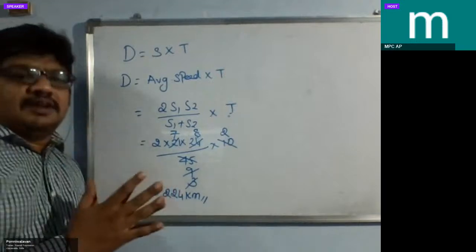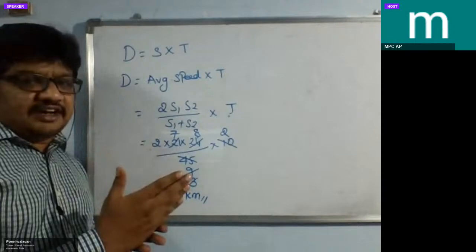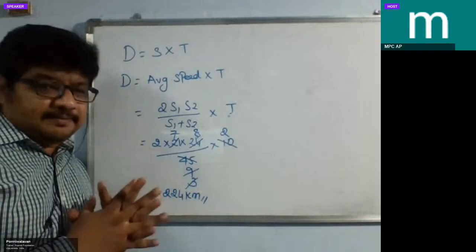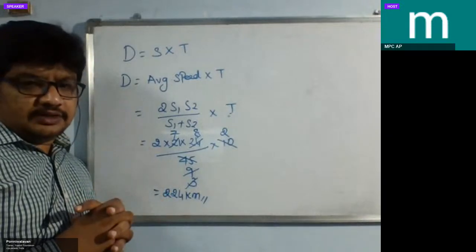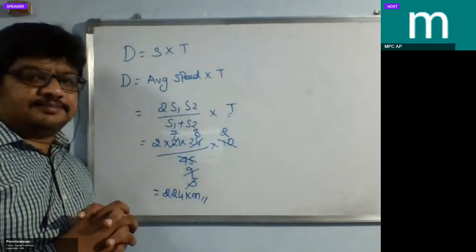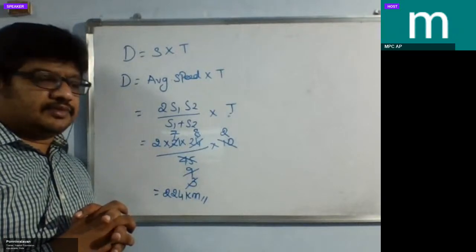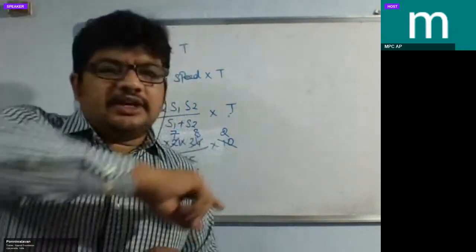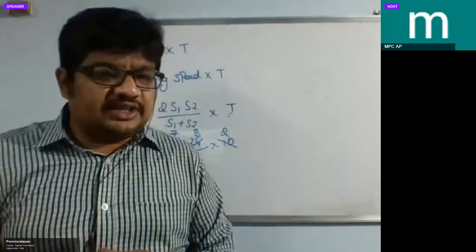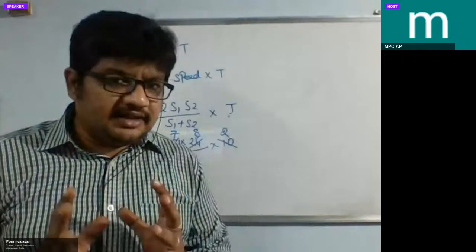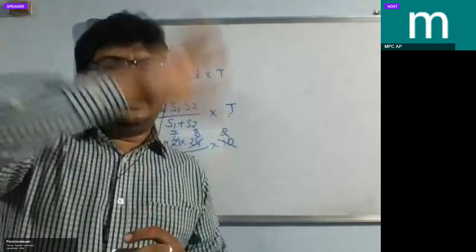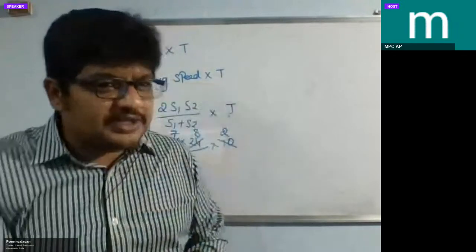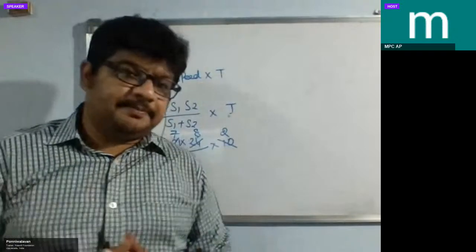So when we say first half, second half, it represents the distance, not the time. Listen, if you are traveling, now your total journey, they used to express in terms of distance, not in terms of time.